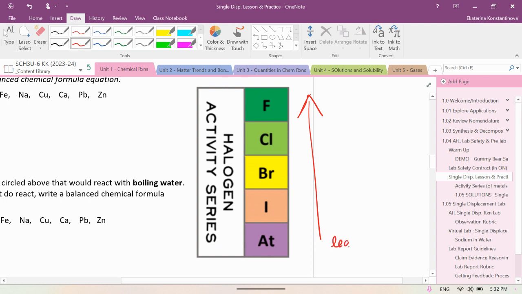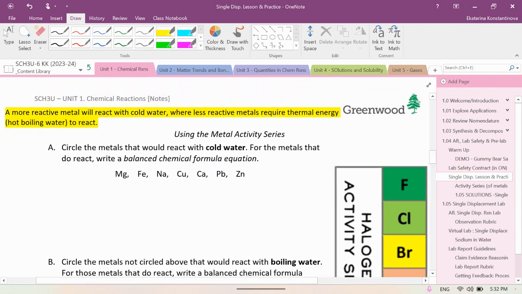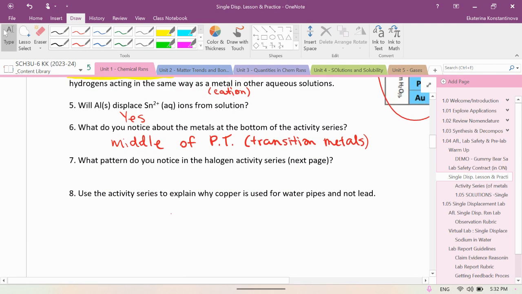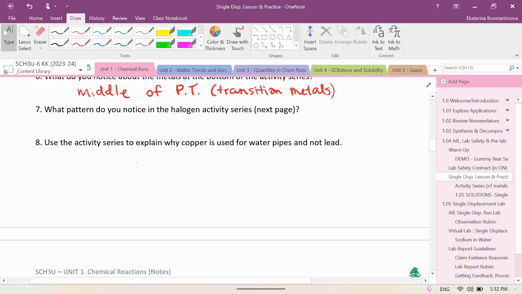Here it goes from least to most reactive. Again, this is for halogens. You will notice that these are all on one side of the periodic table. It's on the right side, and those are your halogens.